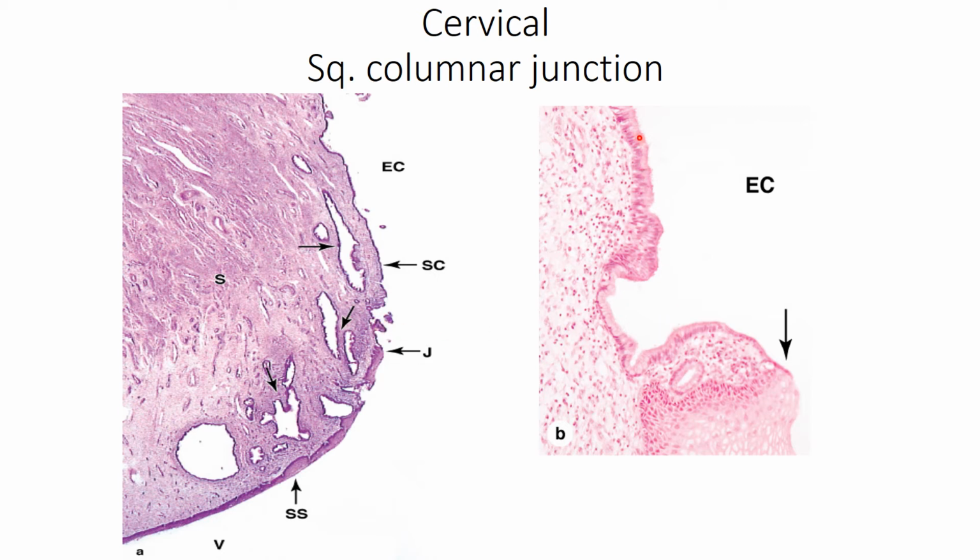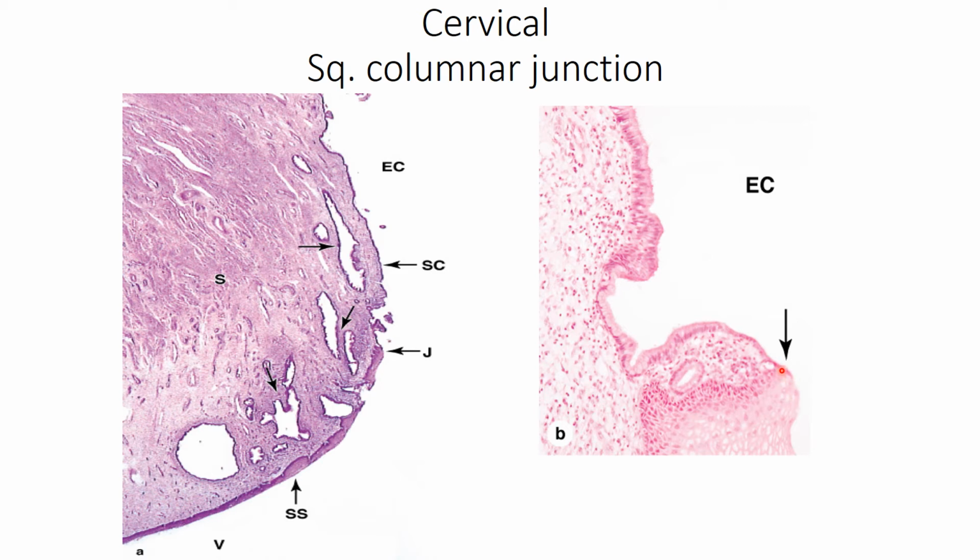This is a high power view. Here we can appreciate how the lining changes abruptly. There is no gradual change. Before that, the endocervix is lined by simple columnar epithelium with cervical glands, and abruptly at the junctional region this changes into the lining of the vaginal portion, stratified squamous non-keratinized epithelium.